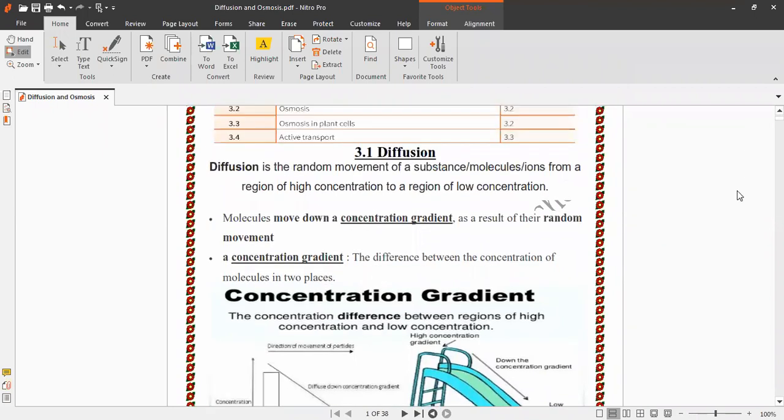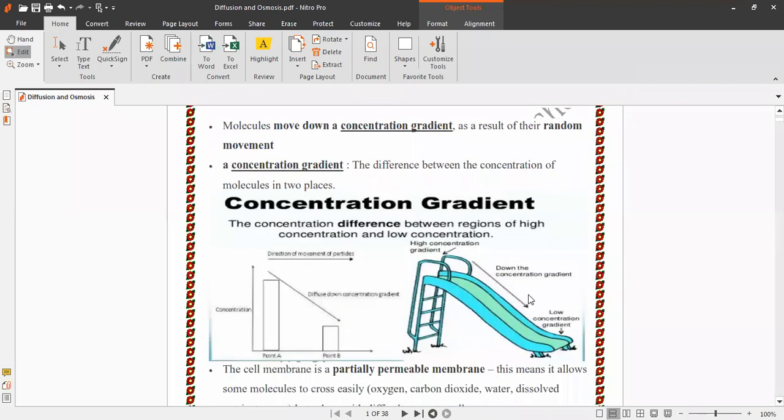So the important point here is the concentration gradient: the concentration difference between regions of high concentration and low concentration.